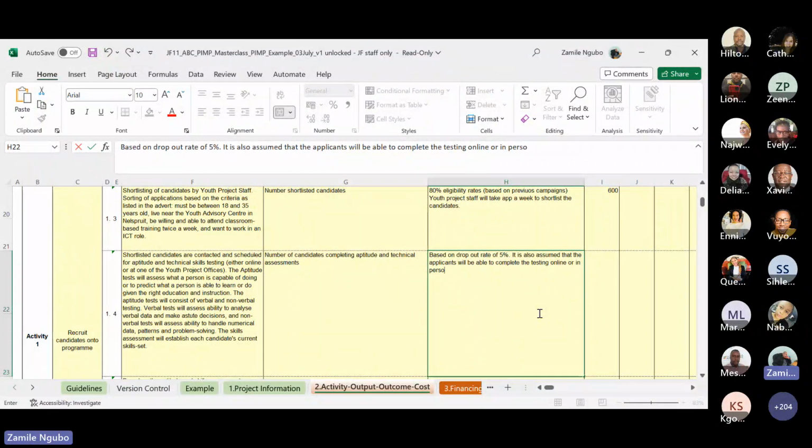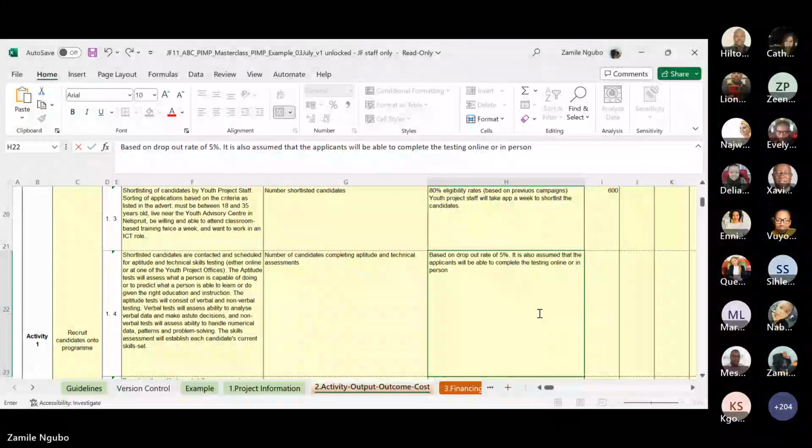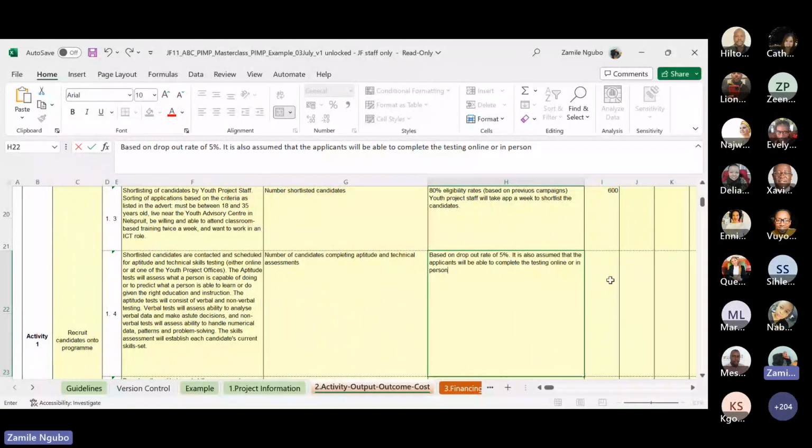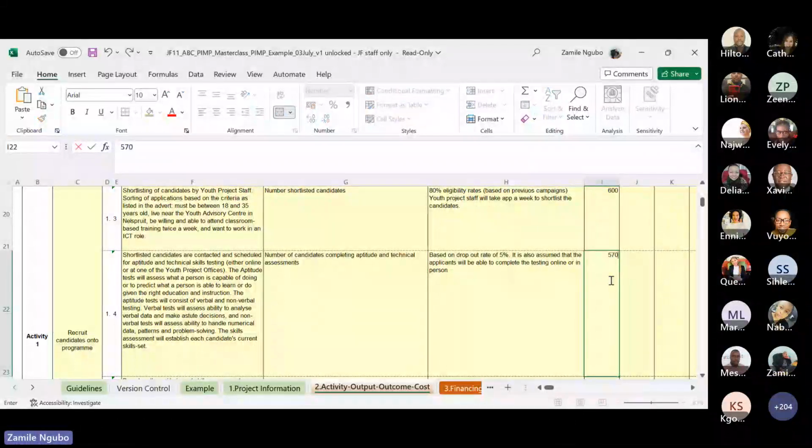So this is an assumption. So if we are assuming the 5% drop rate, we will now be left with 570 applicants.